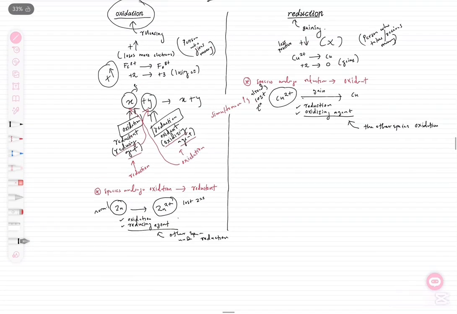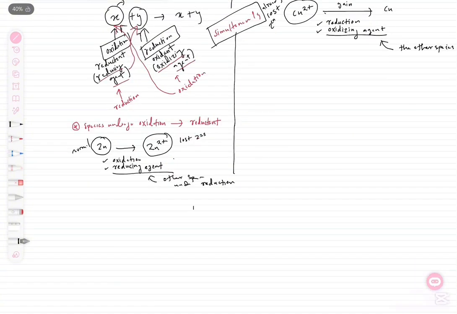An atom can never undergo oxidation or reduction independently on its own, because they are simultaneous processes. During an oxidation, the electron released should always be used for a reduction. The example: sodium plus chlorine forms sodium chloride. Sodium will lose 1 electron, so it undergoes oxidation.